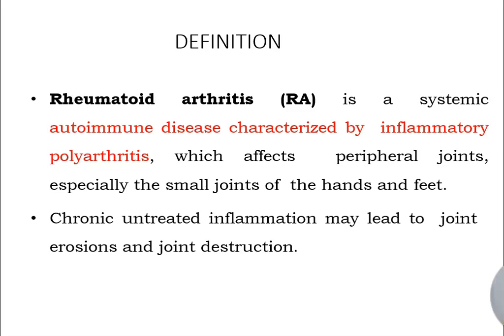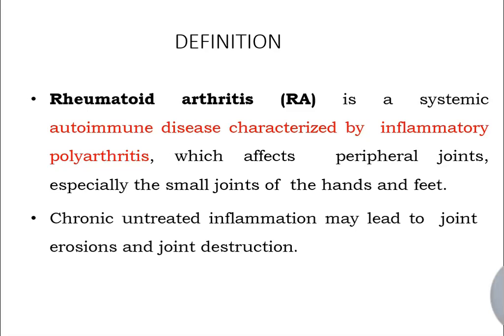The small joints are the carpal and metacarpal, and in the case of the feet, the tarsal and metatarsal. These are the four important small joints affected by rheumatoid arthritis, and it is a chronic, long-term problem and needs effective therapy to manage.